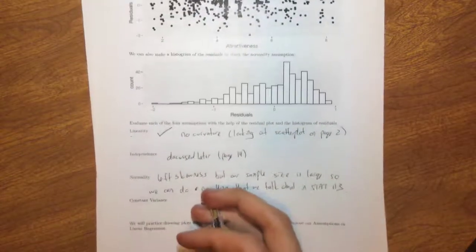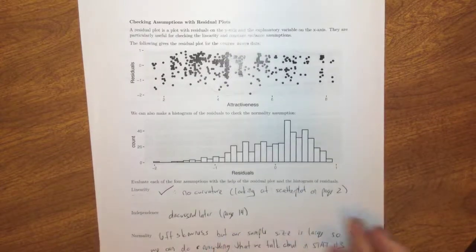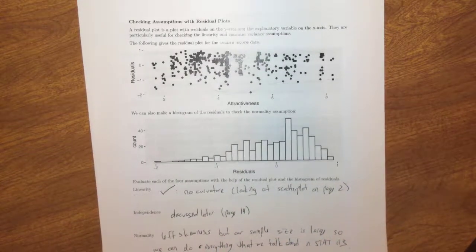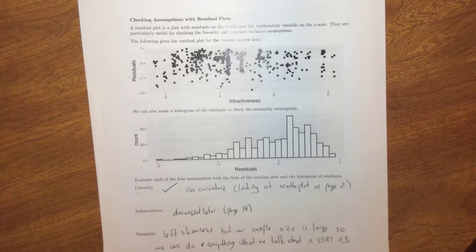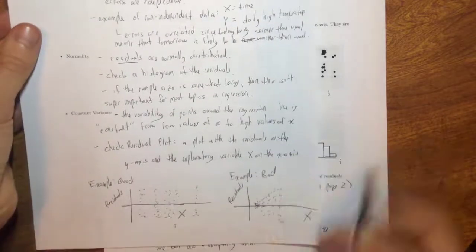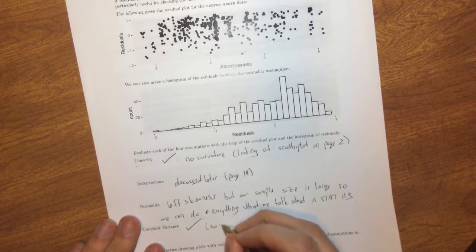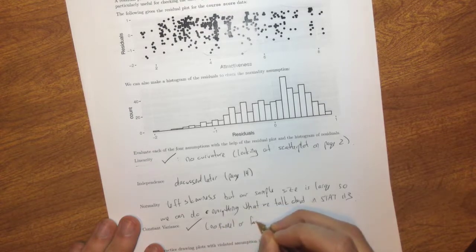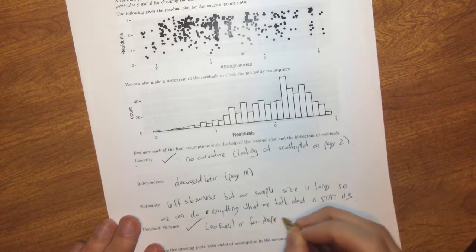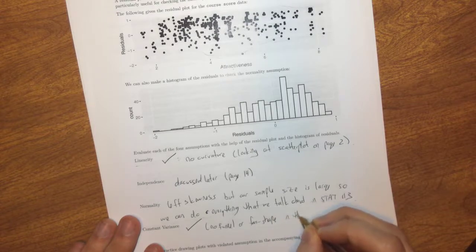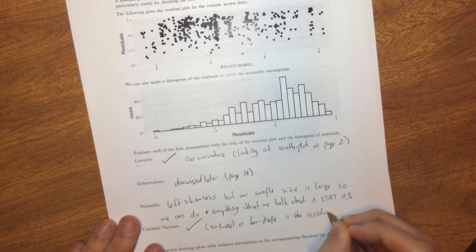It's never going to look perfect with real data, as long as there's not any sort of extreme pattern like we drew out in our example. We're good. And so this is going to be good. There's no funnel or fan shape in the residual plot.